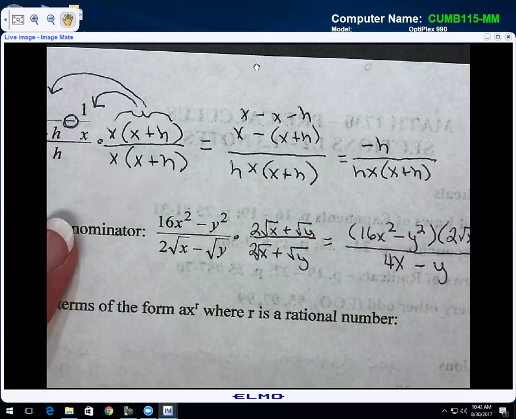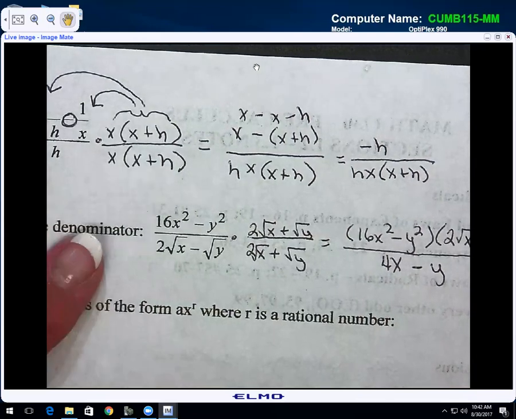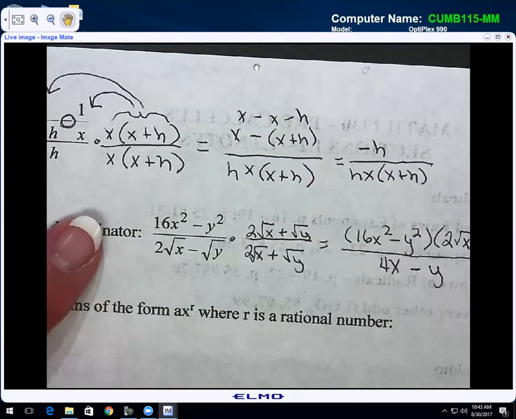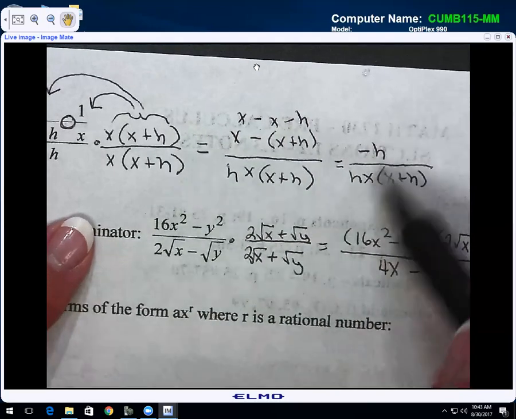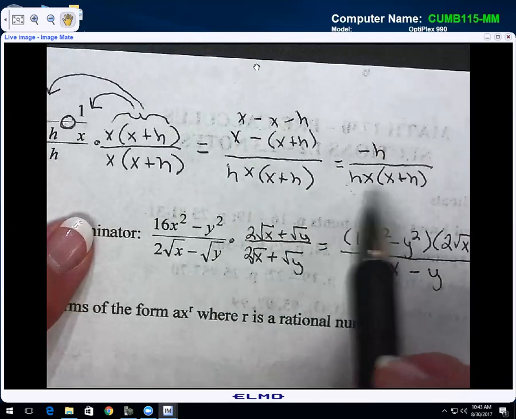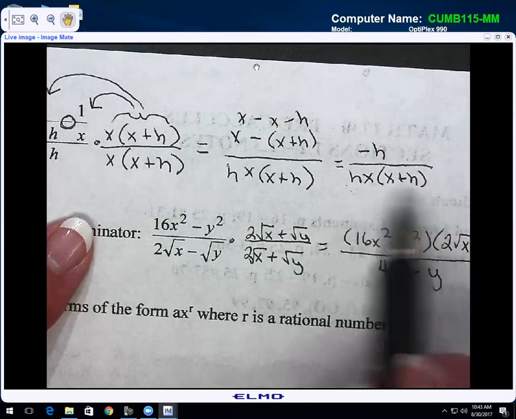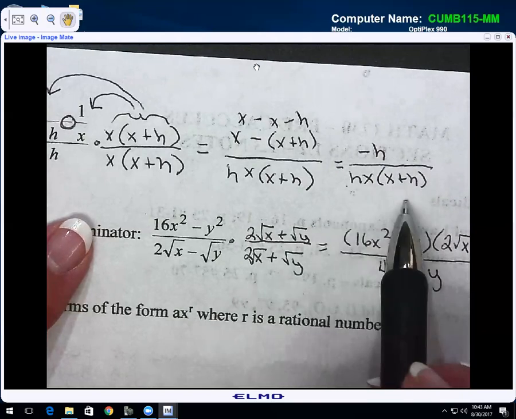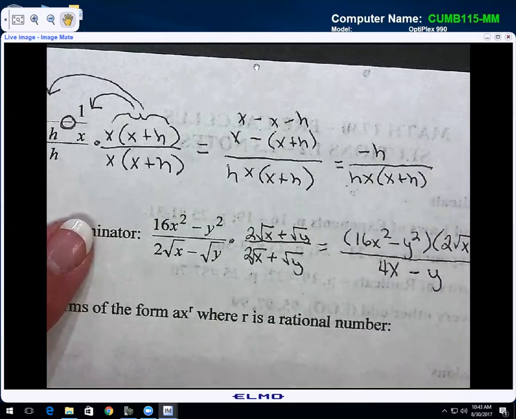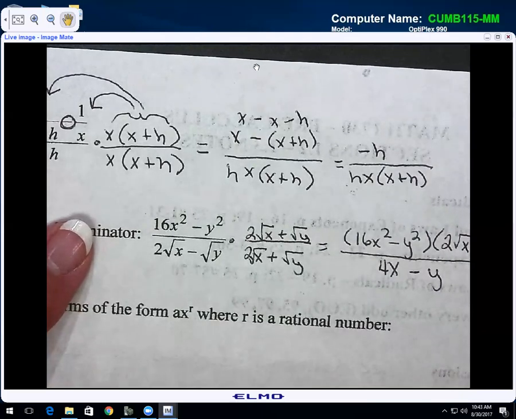What's the only other thing I can do? Is it legal to cancel the H's? What's holding the H onto this other stuff? Is it added or is it multiplied? It's multiplied. That makes it a factor, and it's legal to cancel common factors.